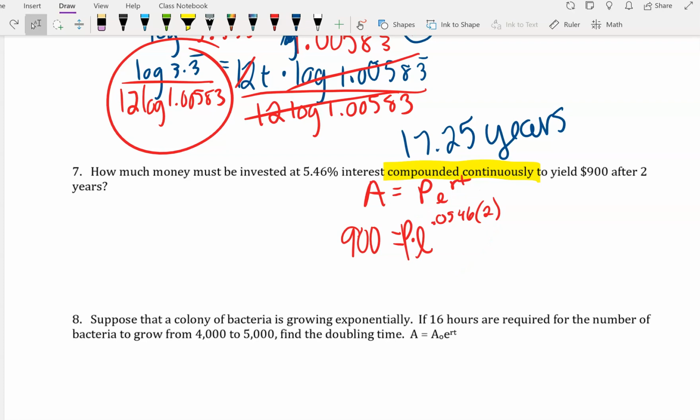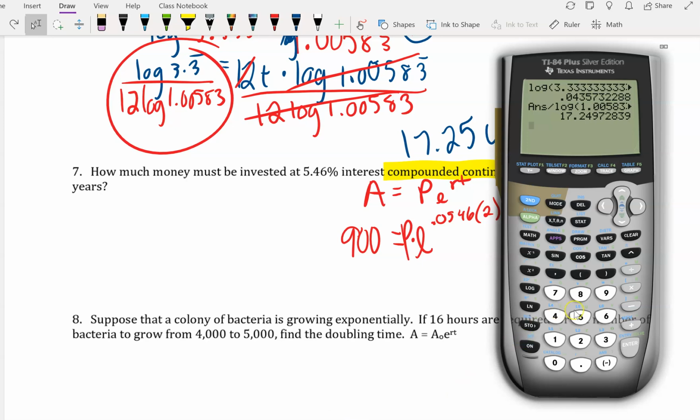So get to my calculator. E to the 0.0546 times 2 power, and then I'm going to do 900 divided by that so I can solve for P. So divided by a second answer.